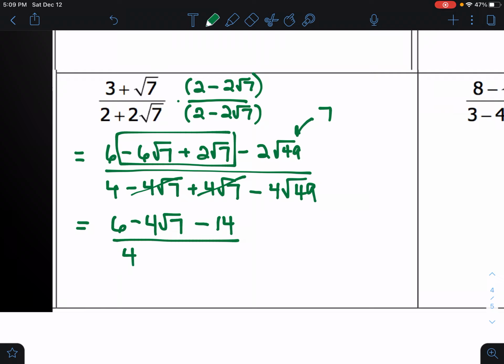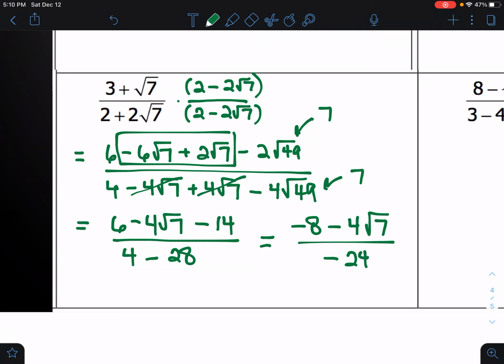We have 4, and then once again, this would be 7. So minus 4 times 7 would be 28, so minus 28. All right, we're going to keep simplifying this. So on the top, I would have 6 minus 14 would be negative 8, and then minus 4 root 7. And then this would be negative 24.